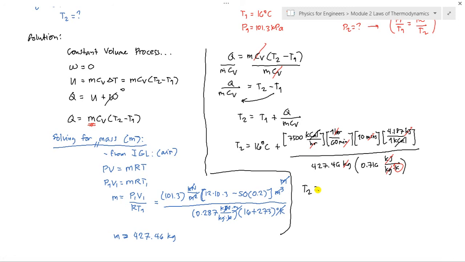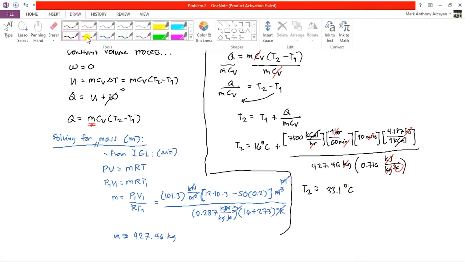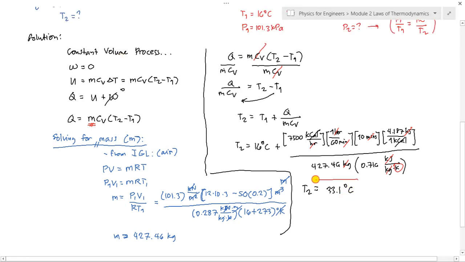So the answer is 33.1 degree Celsius. That is the increase in the temperature of the room after 10 minutes. So, did you understand?